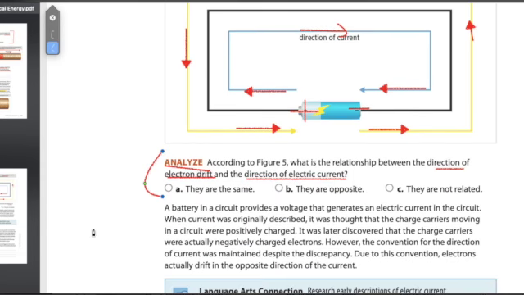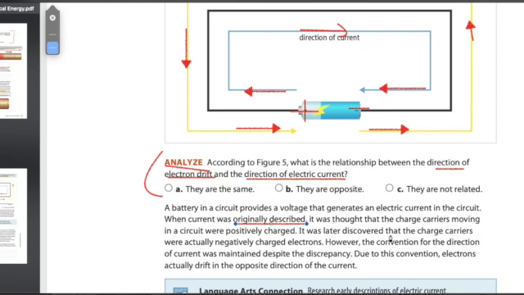And so they're going to explain what they mean by this question. A battery in a circuit provides a voltage that generates an electric current in the circuit. When current was originally described by Benjamin Franklin, by the way, the American Benjamin Franklin, he's on the $100 bill, it was thought that the charge carriers moving in a circuit were positively charged.